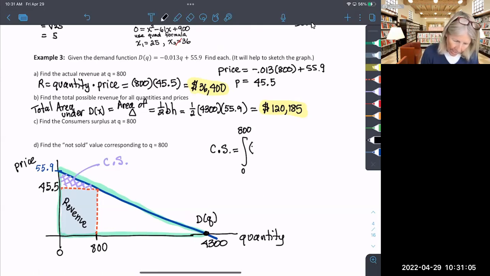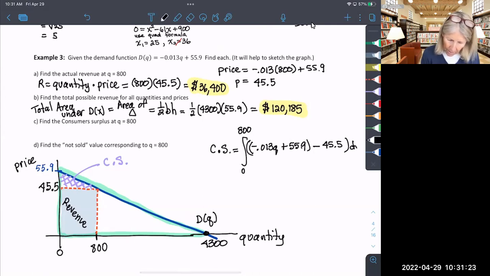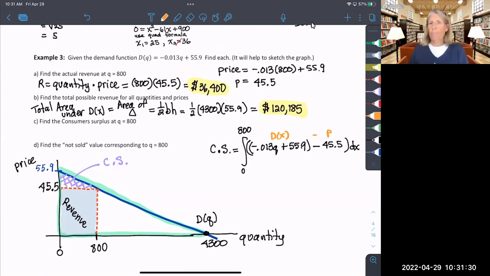So that is our negative 0.013 Q plus 55.9 minus the price function, which we found, 45.5. So I'm using the formula where I take my D of X and subtract my price. Okay, again, look up on the formula sheet. And then I integrate from 0 to the quantity at equilibrium.